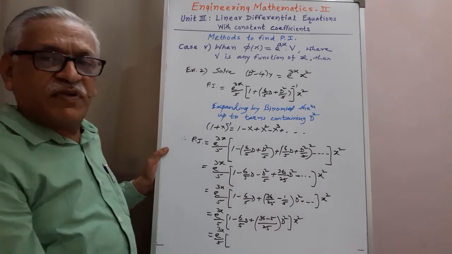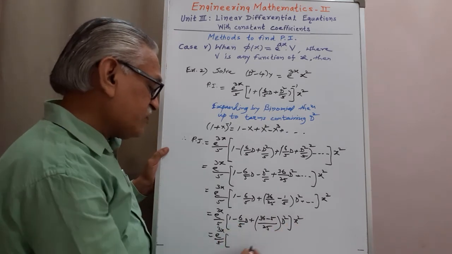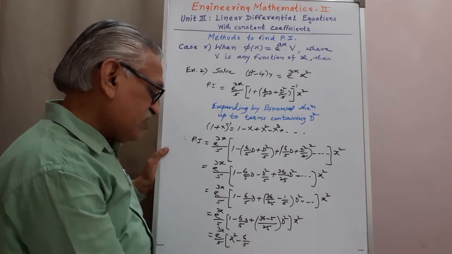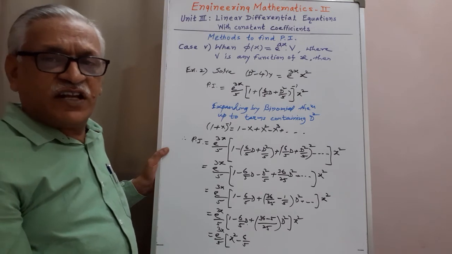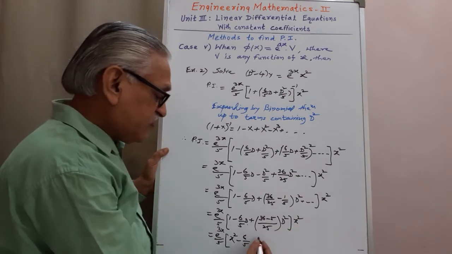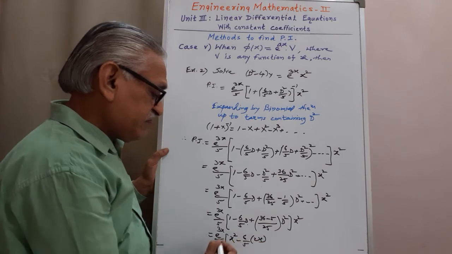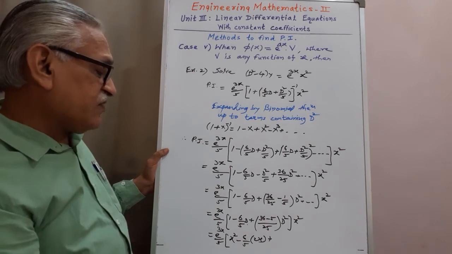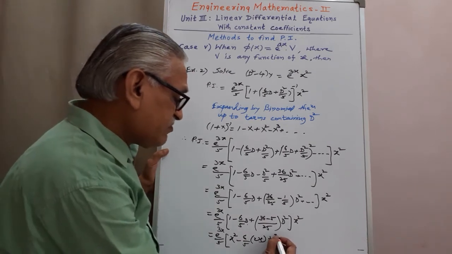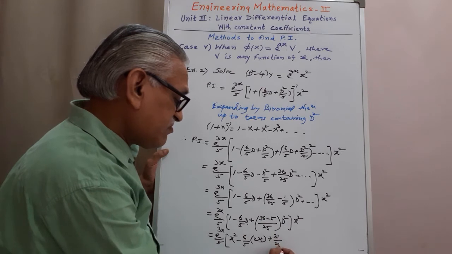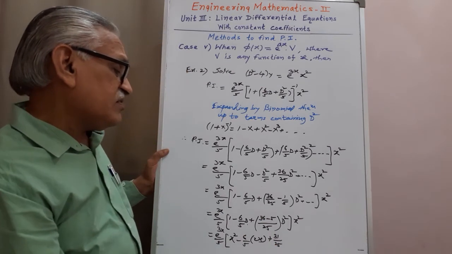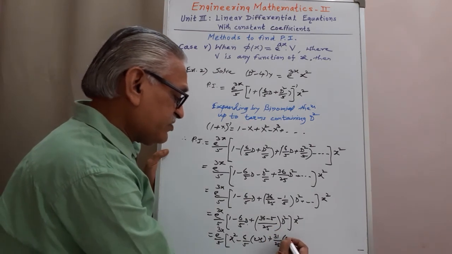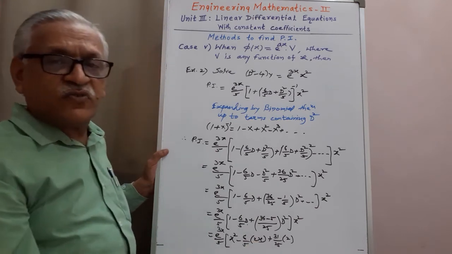Therefore we get e raised to 3x by 5, multiplying and operating term by term. 1 into x square we get x square, minus 6 by 5 D of x square. D stands for derivative with respect to x. Therefore the derivative of x square with respect to x is 2x, plus 36 minus 5 we get 31 by 25, and D square of x square, the second derivative of x square, is 2, meaning the next derivative of 2x.